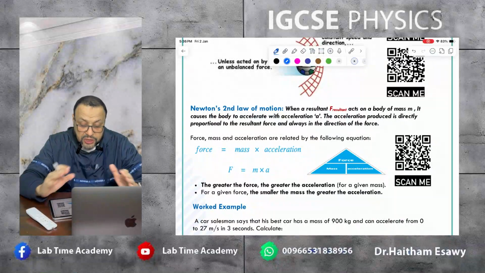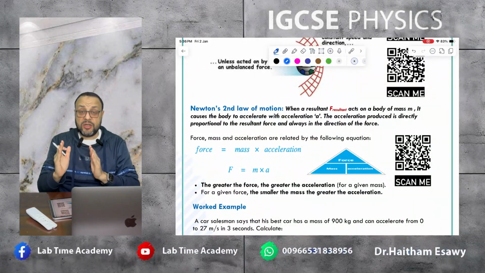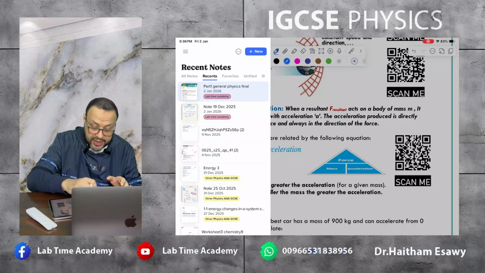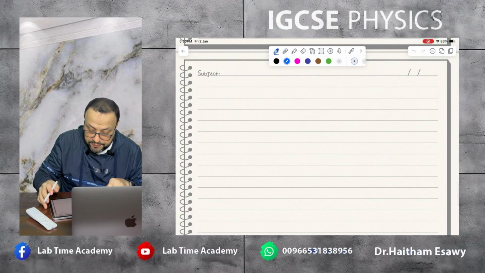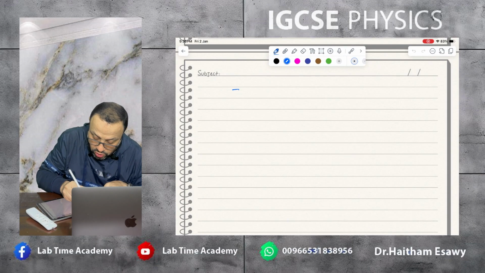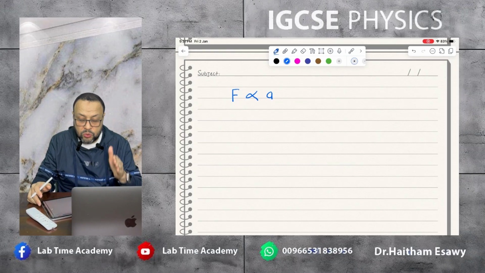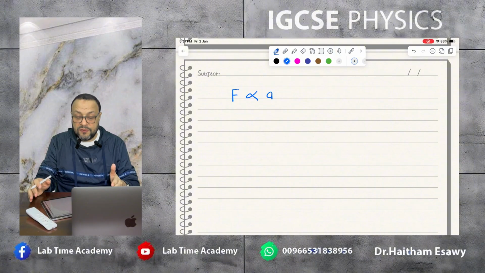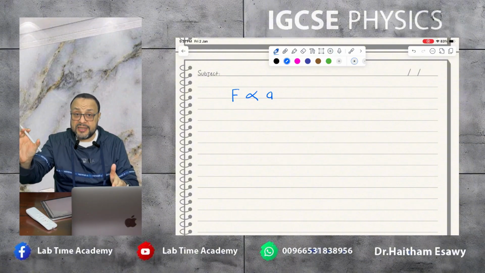Second law of motion. Actually, this is the relation between acceleration and force. So here, if we have force and acceleration, they are directly proportional for the same object that has the same mass.